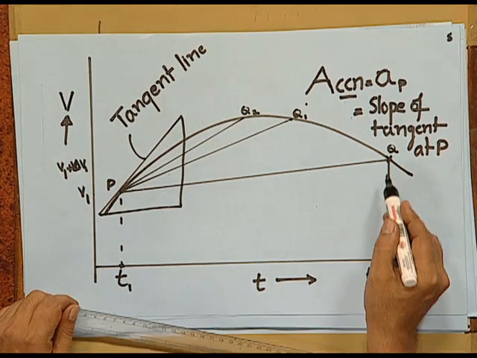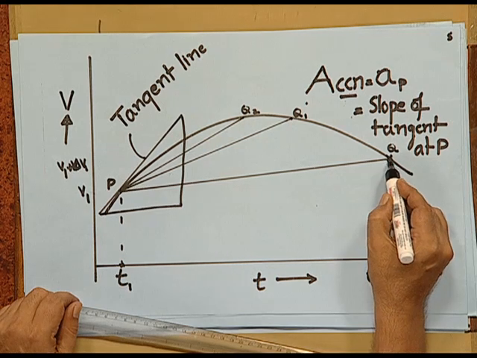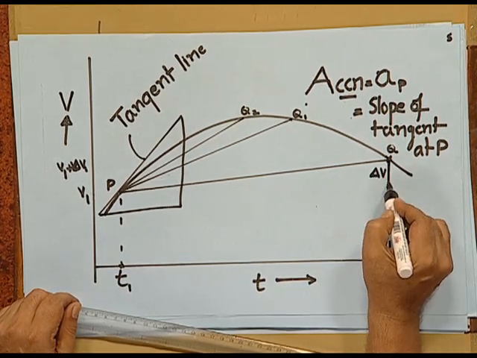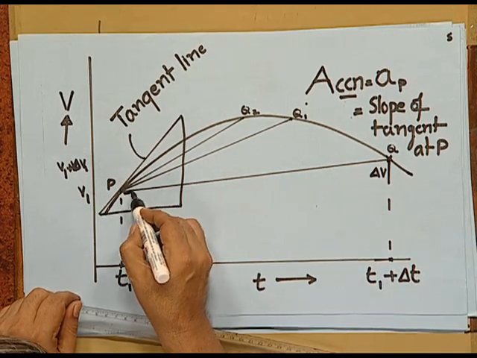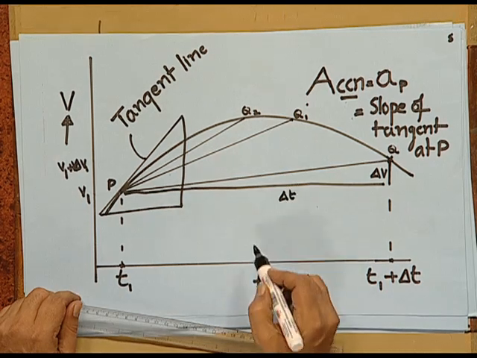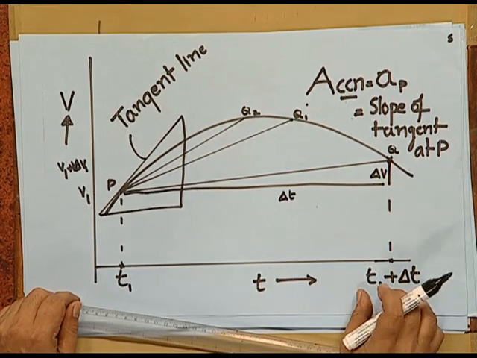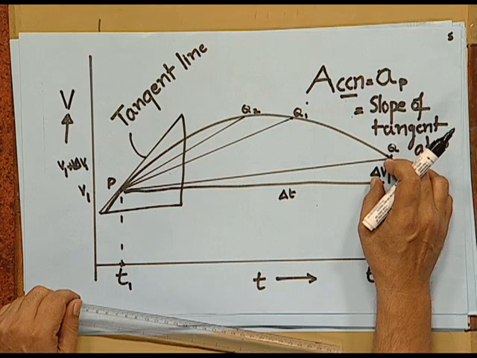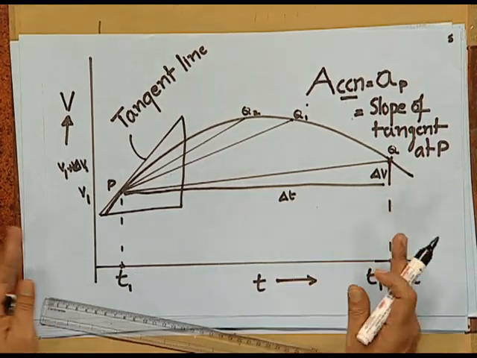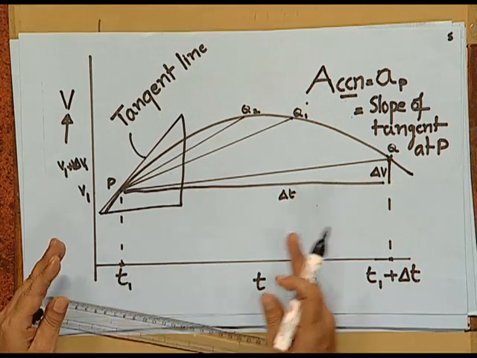The average acceleration here is indicated by this delta v, corresponding to the height of this triangle, and this base, which is delta t. The average acceleration for this small interval of time is delta v by delta t. Now make the time gap smaller and smaller.